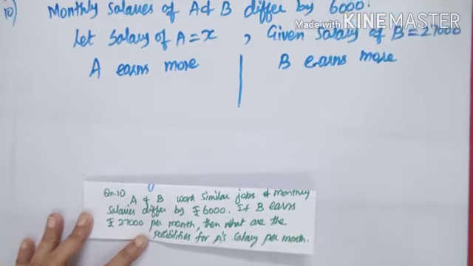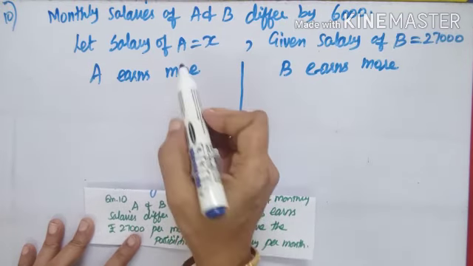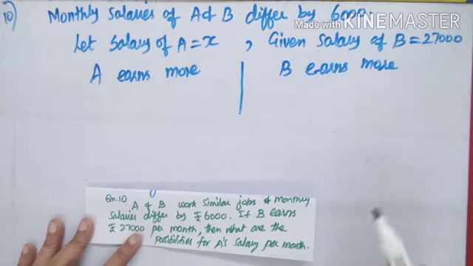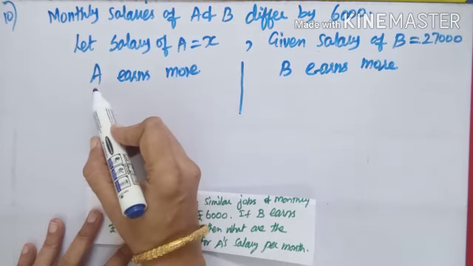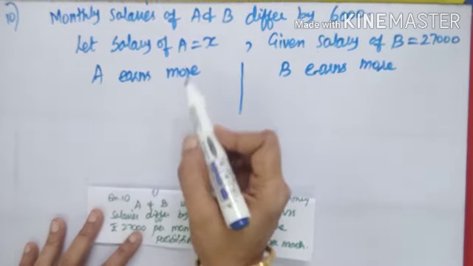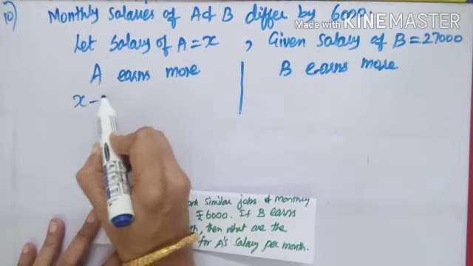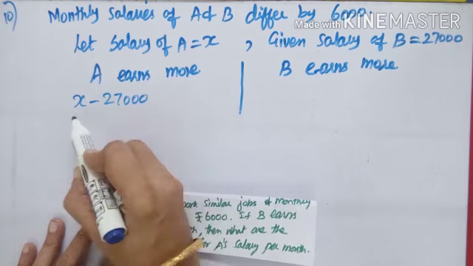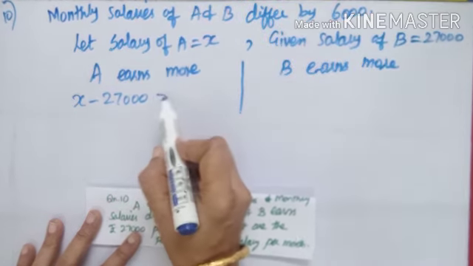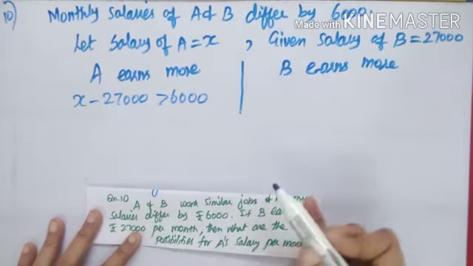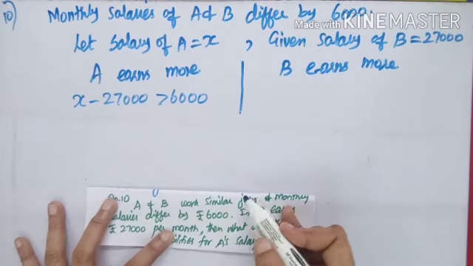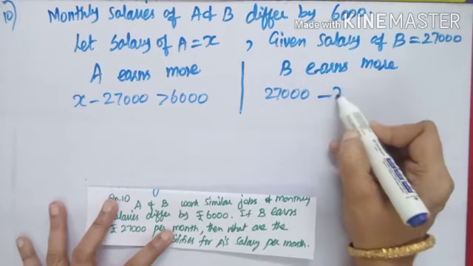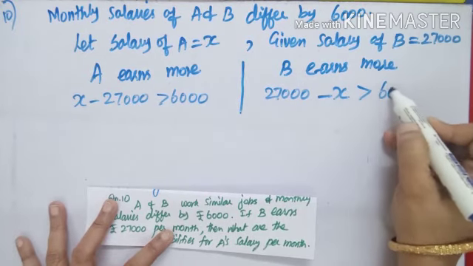So let us assume A's salary is x and B's salary is given to be 27,000. Suppose A earns more, x minus 27,000. Suppose B is earning more, 27,000 minus A's salary.